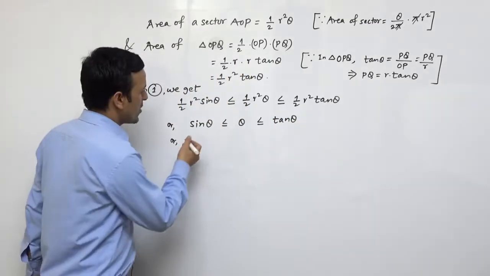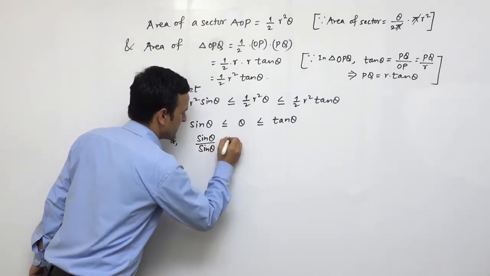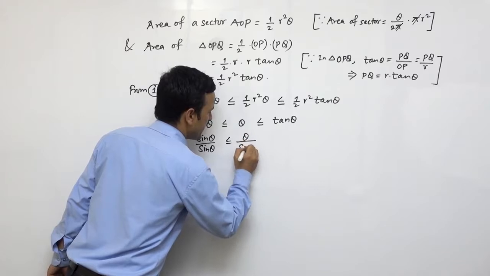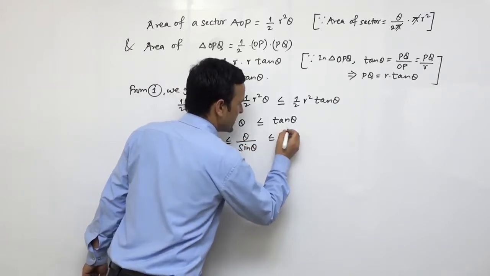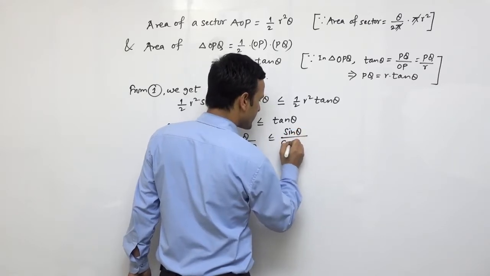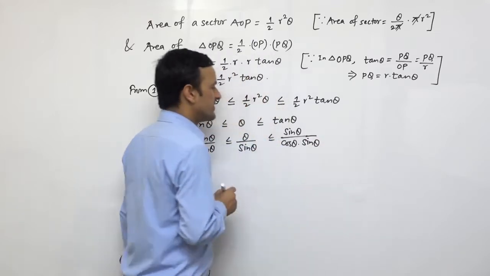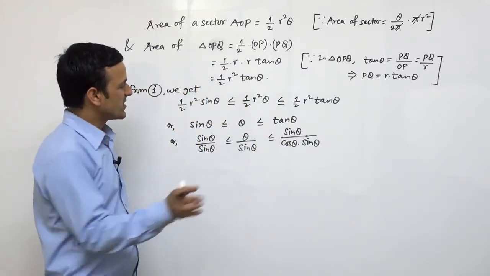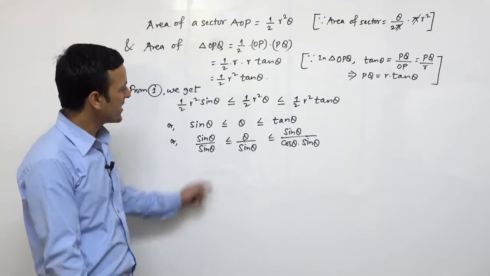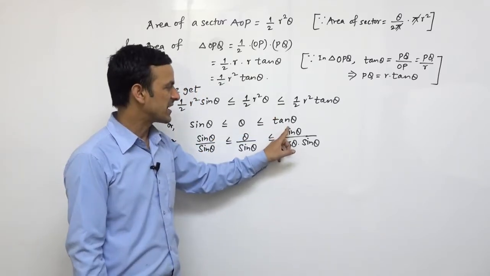Now we can divide by sin theta. Dividing throughout each term by sin theta, we have sin theta by sin theta, theta by sin theta, and tan theta, which is sin theta by cos theta, divided by sin theta. We are writing tan theta as sin upon cos.